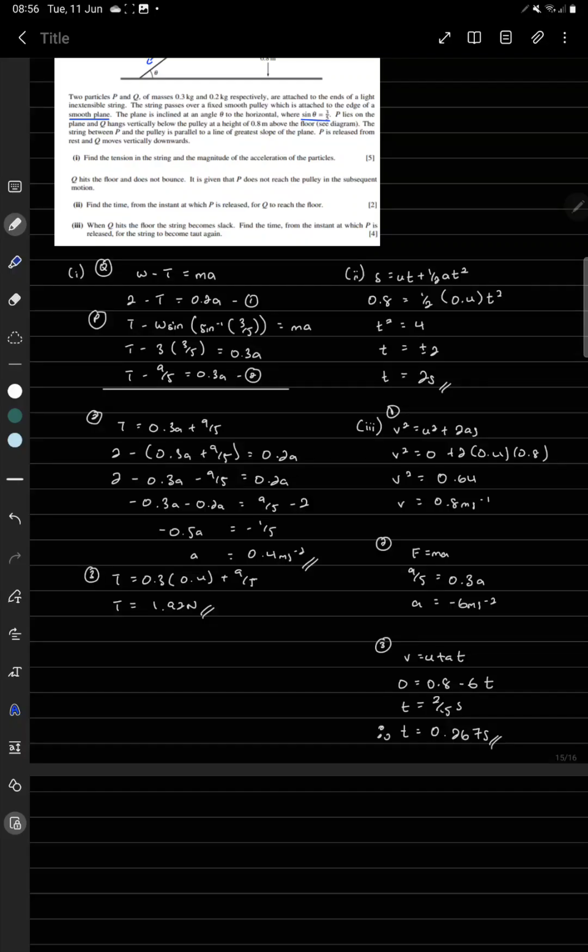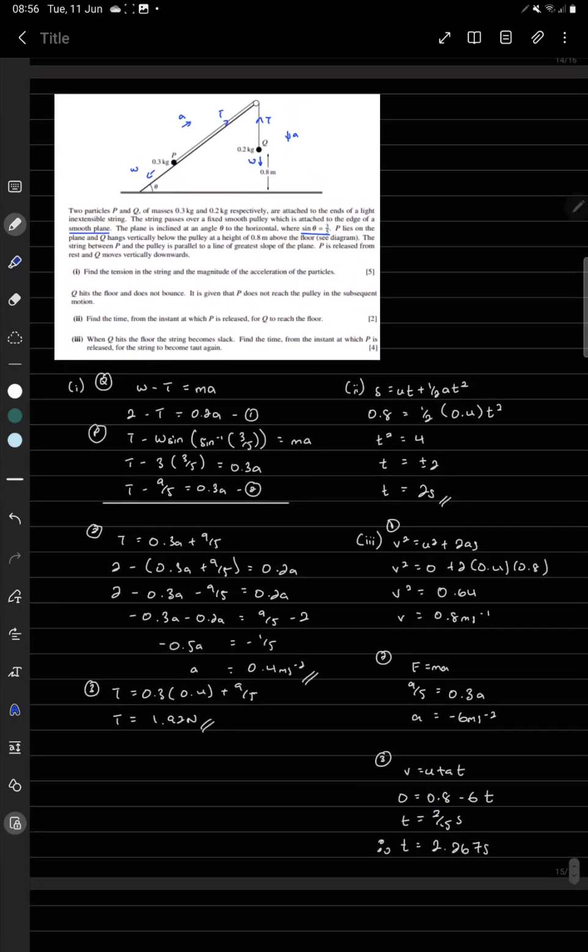So it's talking about from the start. So this isn't your final answer. Instead, I'm just going to add 2 here, because of the time traveled from P up to the point where Q reaches the bottom. So therefore it's 2 plus 0.267, which equals 2.267 seconds.